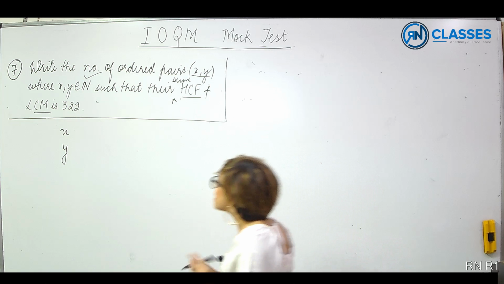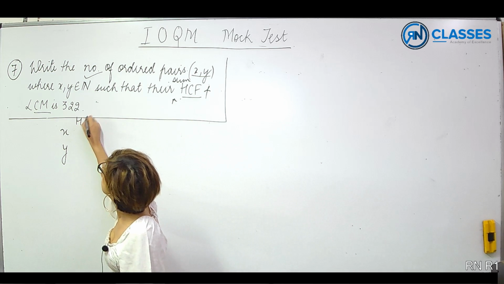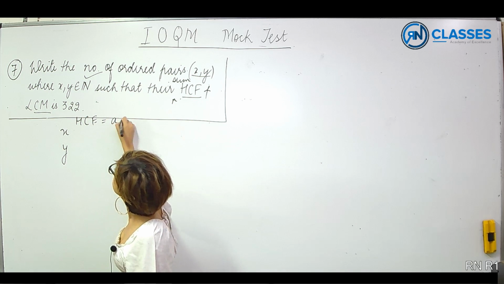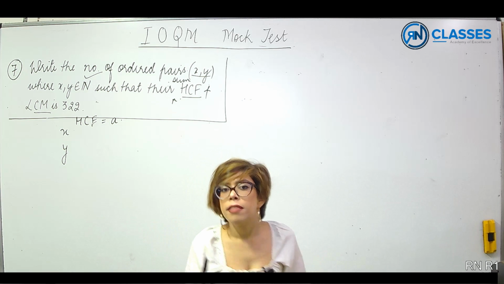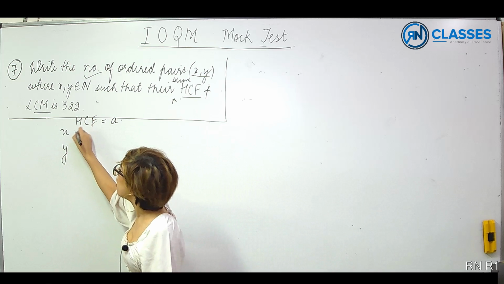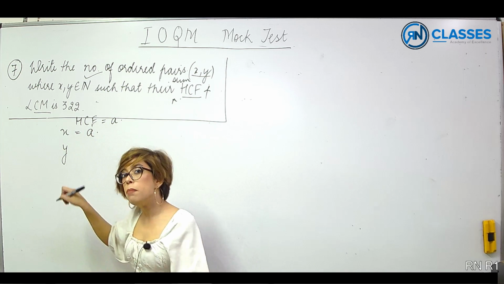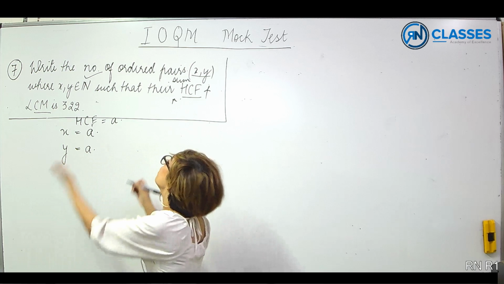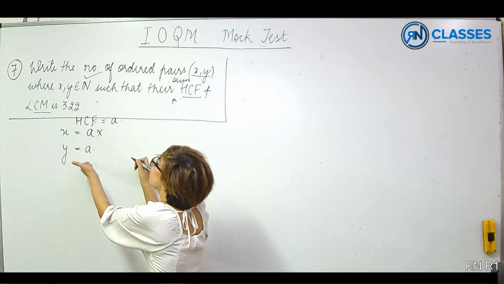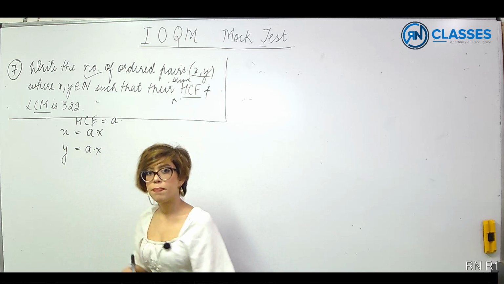So, let the HCF of these two numbers be A. Right? Good. Now, highest common factor is A. Now, A must be present in X and A must be present in Y. Right? Along with A, I might have something else. Along with A over here, I might have something else. Okay?